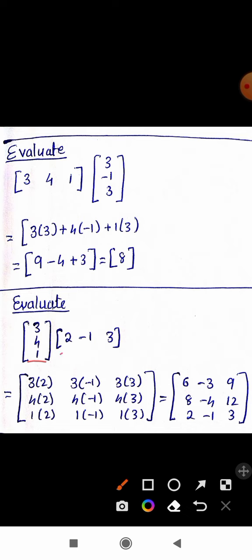1 into 2. Row into column, that is 1 into minus 1. Row into column, 1 into 3. So we will get the matrix 6, minus 3, 9; 8, minus 4, 12; 2, 1, minus 1, 3.